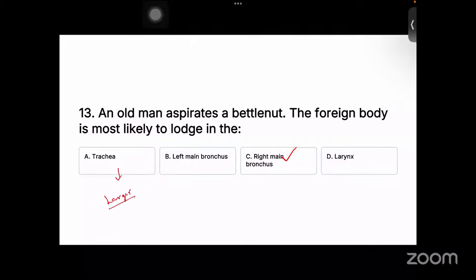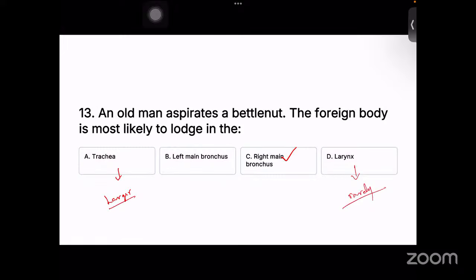Larger objects will pass on to the trachea, and we have the left main bronchus and right main bronchus, and then we have the larynx. If the patient has a betel nut lodged in the larynx, it would cause an immediate severe obstruction and coughing, so objects very rarely lodge there.